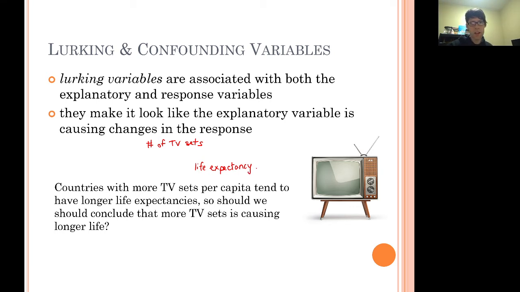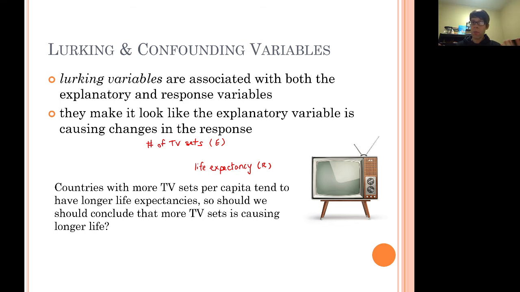We think that the number of TV sets is causing a response in life expectancy. So I'm going to label life expectancy as the response variable, and the number of TV sets as the explanatory variable. Now, let's use our noggin a little bit and think about why that might be the case. Is there something happening in the background related to the number of TV sets and potentially also related to life expectancy?